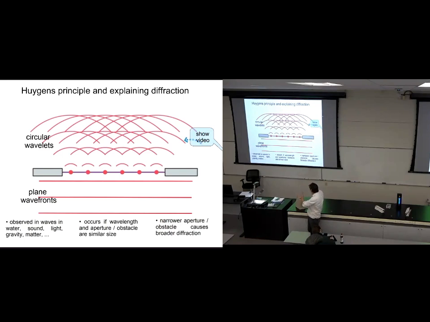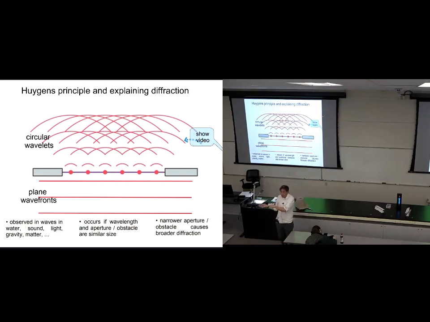And so you see emerging through the aperture, through the slit, or through the gap, a wave that is spreading out at the edges. It's bending at the edges as the wave travels not just straight vertically through here, but emerges out towards the left and out towards the right. That's diffraction. That's what diffraction is.